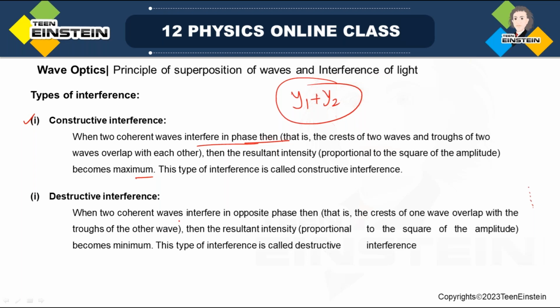So when two coherent waves interfere in opposite phase, then the resultant intensity, which is proportional to the square of the amplitude, is minimum, because the resultant amplitude will be 0 or minimum.